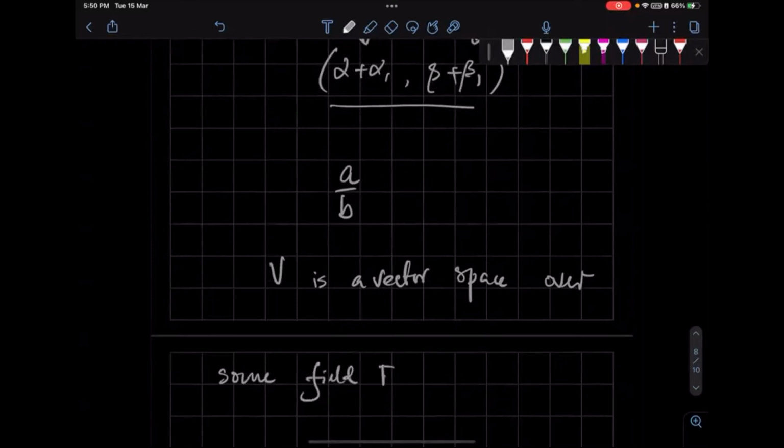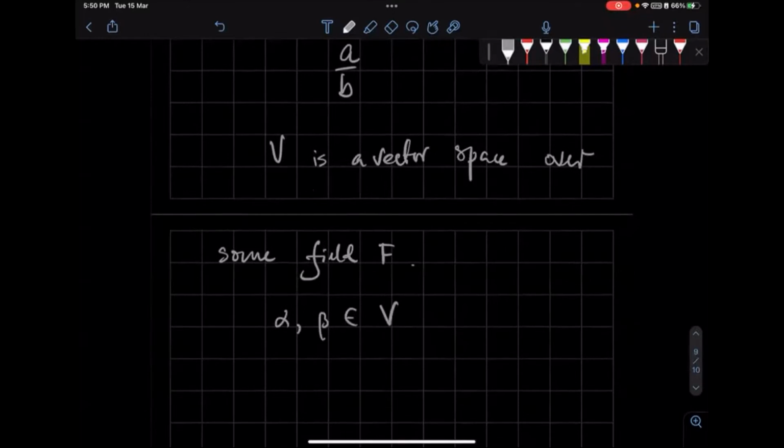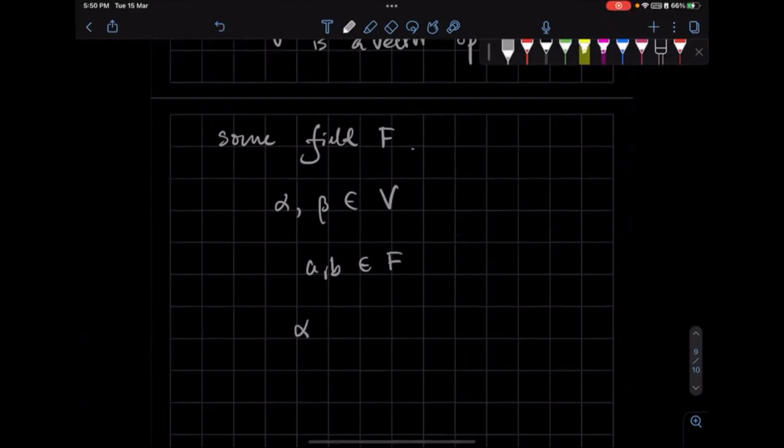say F. What we mean is that if alpha and beta are elements of the vector space, and A and B are elements of F, then we are only allowed to take linear combinations of this form.